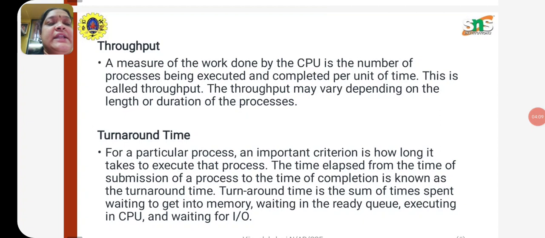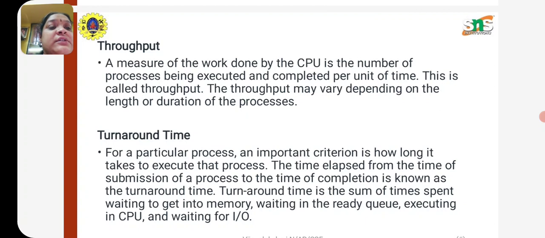The next criterion is throughput. Throughput should be maximum. It is the measure of work done by the CPU, that is, the number of processes being executed and completed per unit of time.